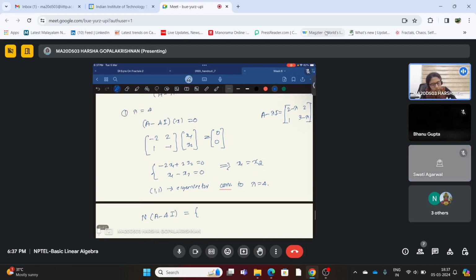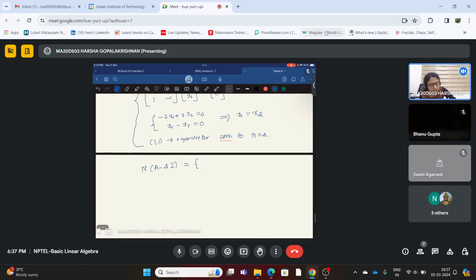Actually, whatever we are doing here, we are finding the null space of A minus 4I, right? By definition, what is the null space of A minus 4I? The set of all x such that (A minus 4I) x equal to 0. All the elements x that are mapped to 0 under A minus 4I.